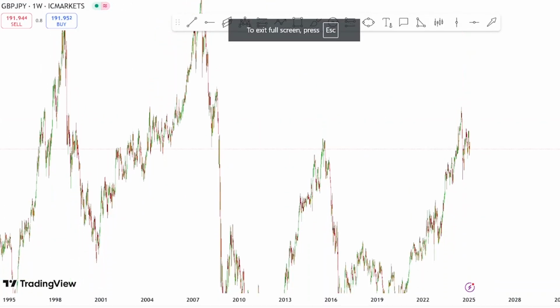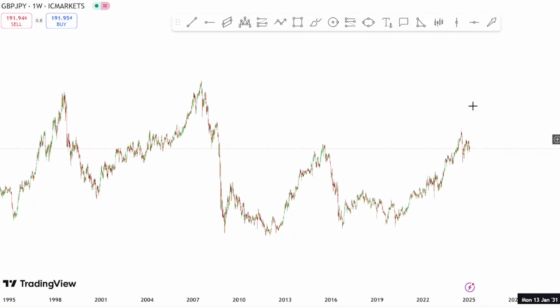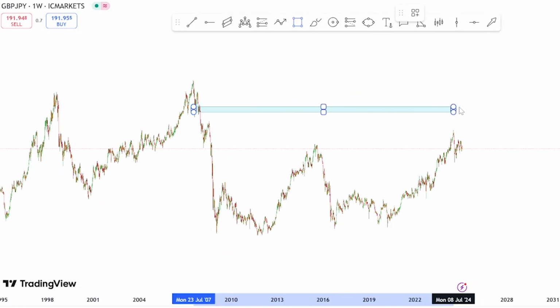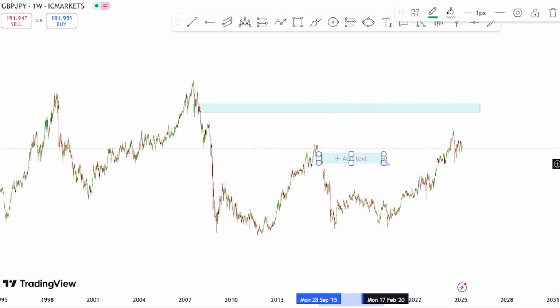So now we've been moving up. You can see we have been moving up, and our target was from these areas. This is the target, and also before that, these were our targets. Then we broke above these targets.